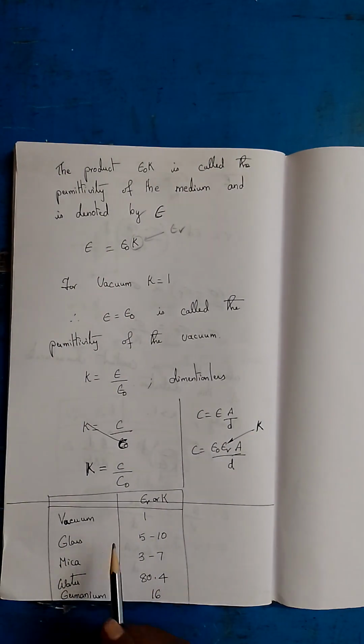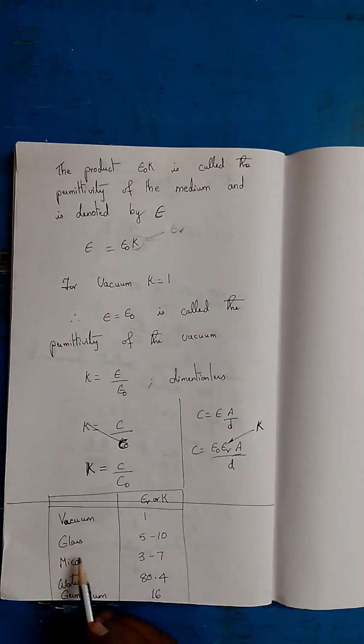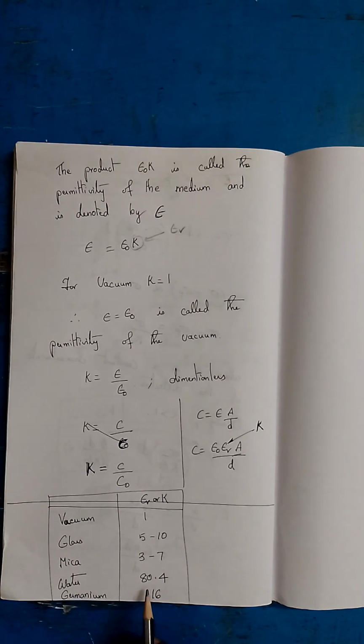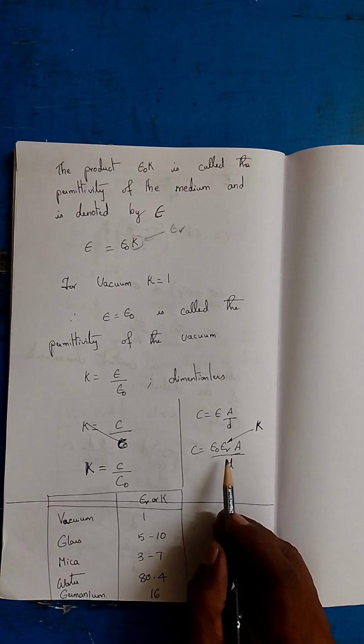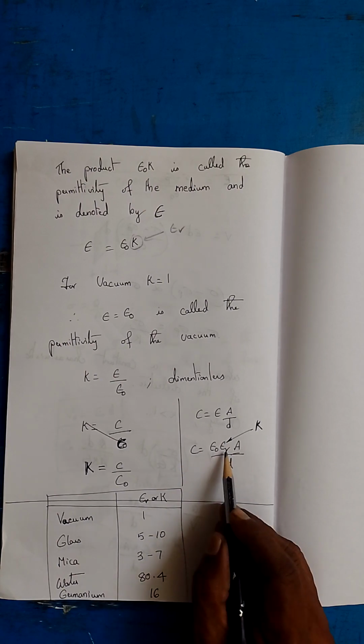For example, for vacuum epsilon R or K is equal to 1, for glass it is 5 to 10, mica 3 to 7, water 80.4 and germanium 16. From this what we infer is, if you want to increase the value of capacitance, you must use a proper dielectric.